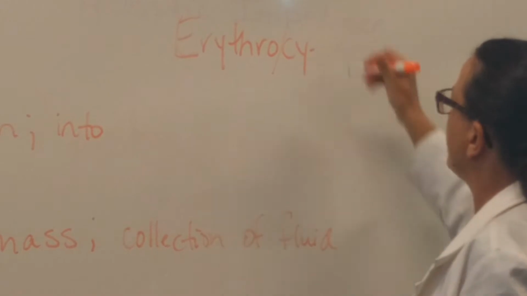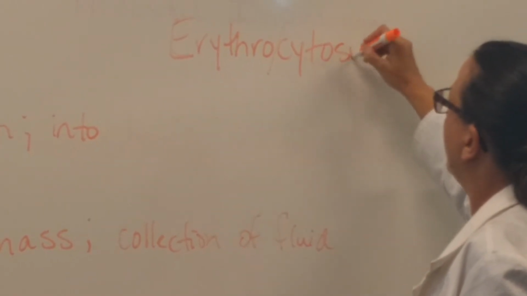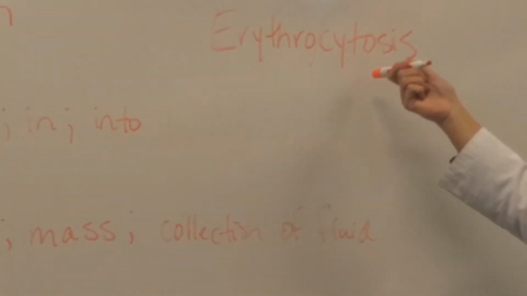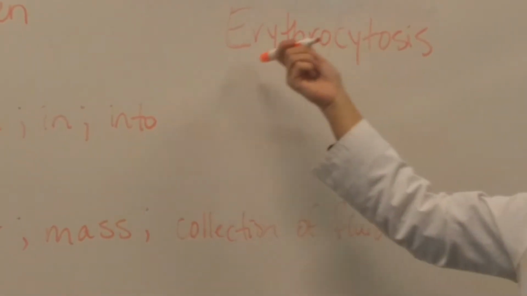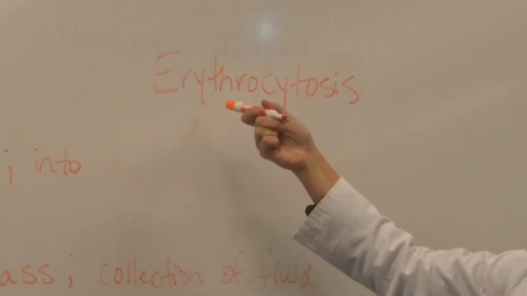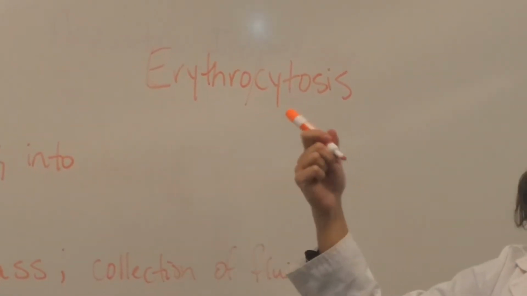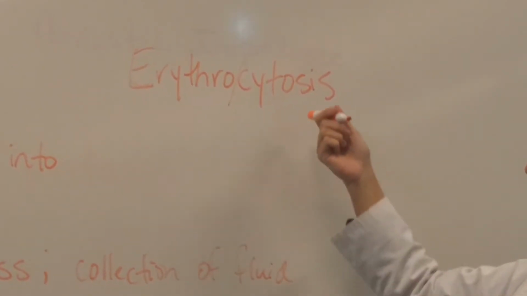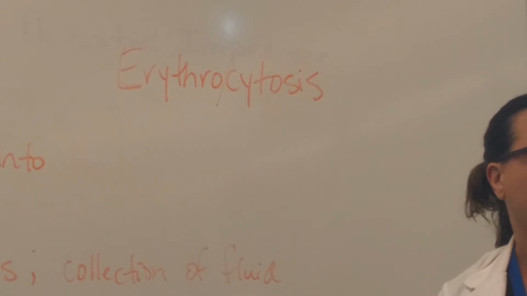So if you break it down as erythro and cytosis, then this is an increased number of red cells, right? So anytime you see this with erythro or leuco or thrombo, anytime it's referring to some type of cell, cytosis is always the increased number of cells.